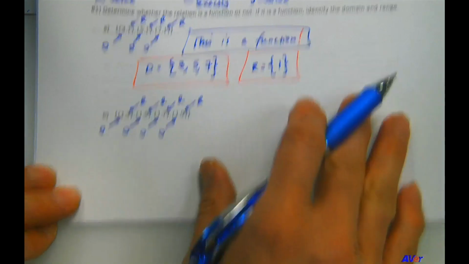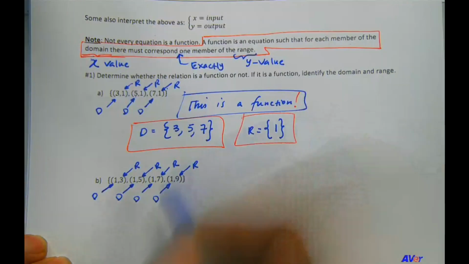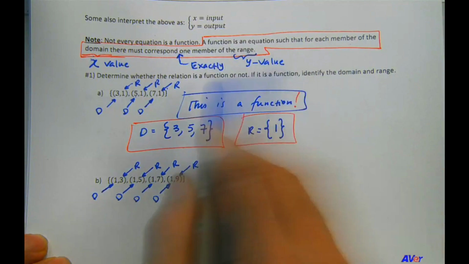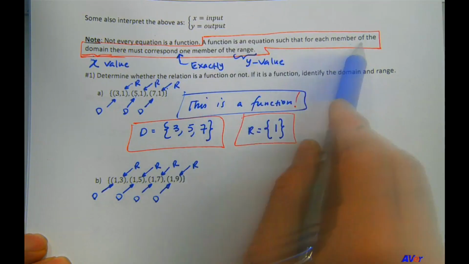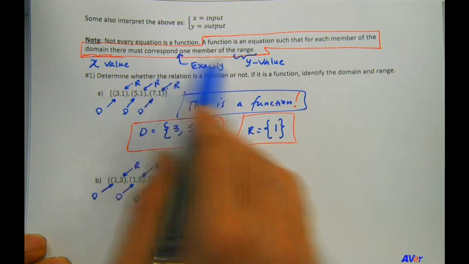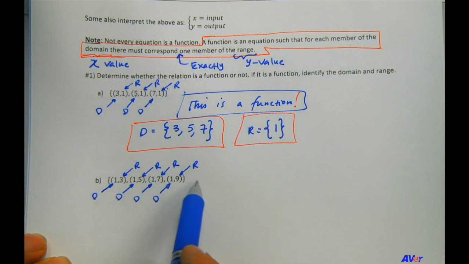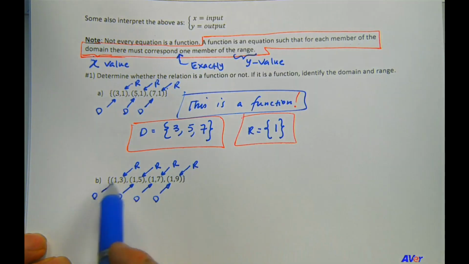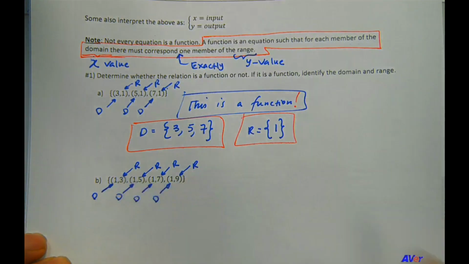So for each member of the domain, which is 1 in this case, there must correspond exactly one member of the range. Do we have that? No. For one value of the domain, we have 4 values associated with it.